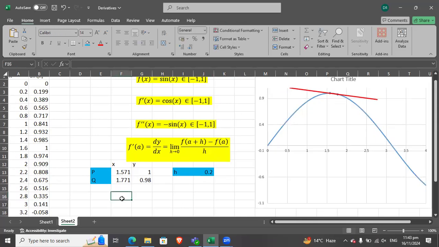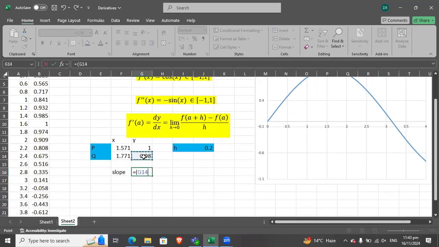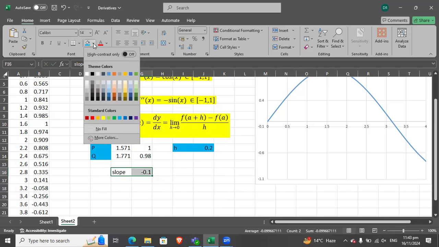And we can have a computation for it, and say slope value is equal to f of a plus h, which is this value, minus f of a, which is at G13, divided by the h value, which is at J dollar 13. So minus 1. The slope value is minus 1. The secant line is looking downwards.